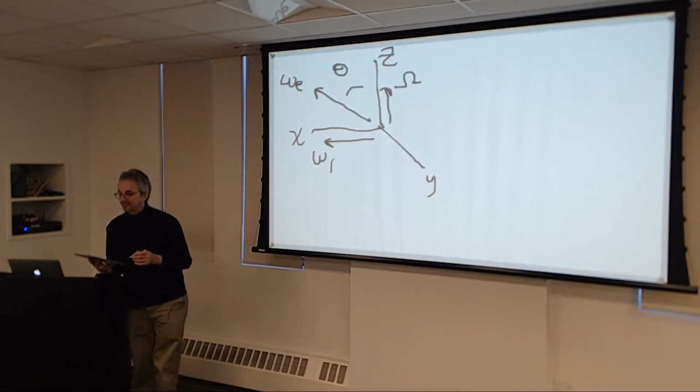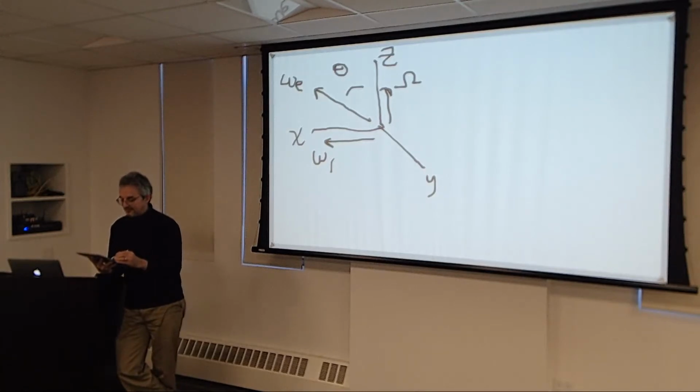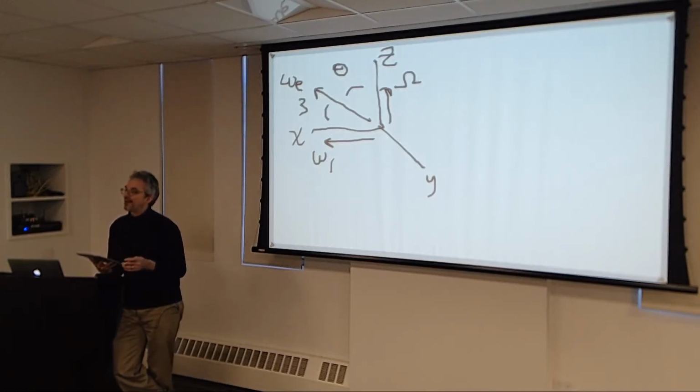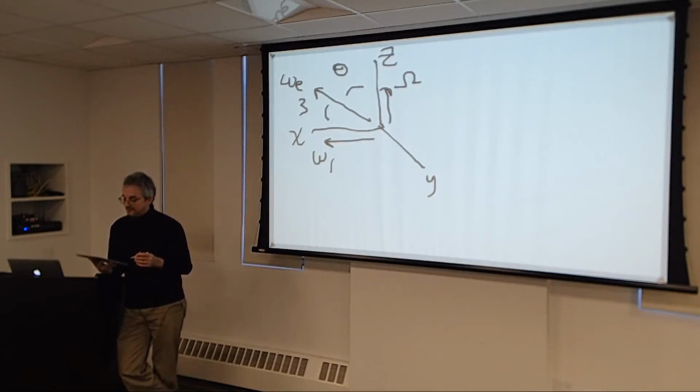But for what I'm going to do next, I'm going to instead look at this angle and call it the angle zeta. Obviously the two of them add up to pi over 2. It doesn't really matter which way you think about it, but it'll be a little more convenient to think of it this way. So now we want to know what's the effect of a rotation around omega E, which isn't along any of the Cartesian axes.